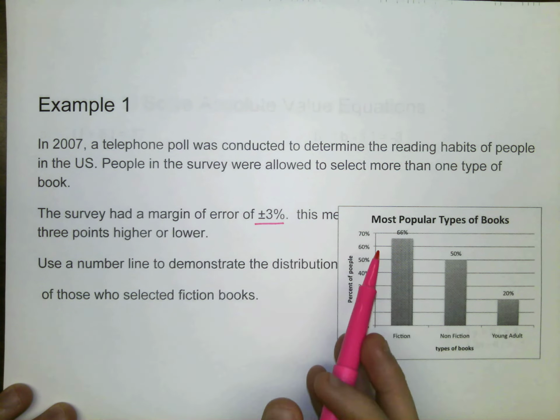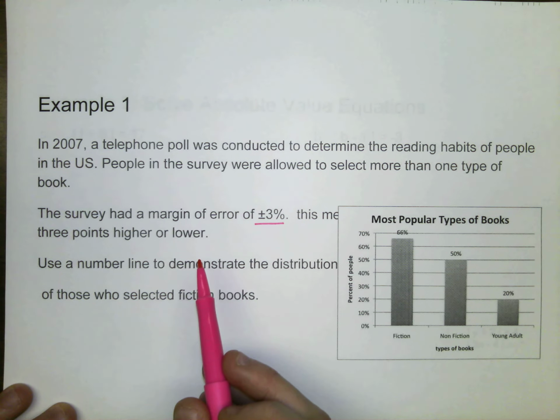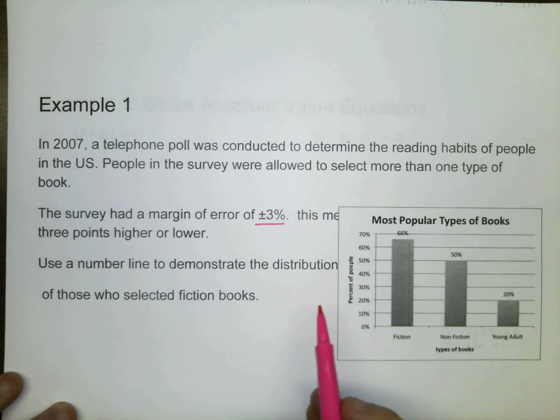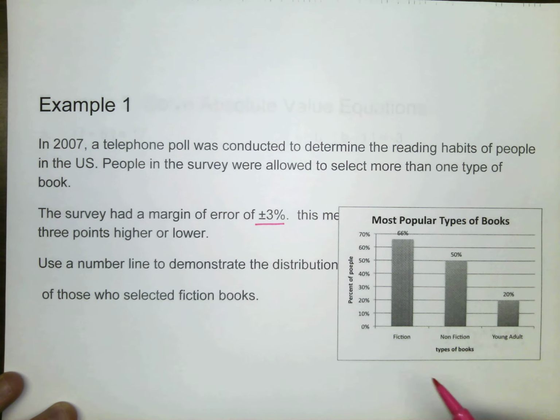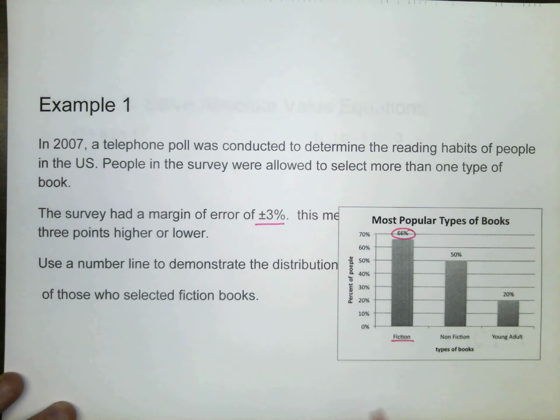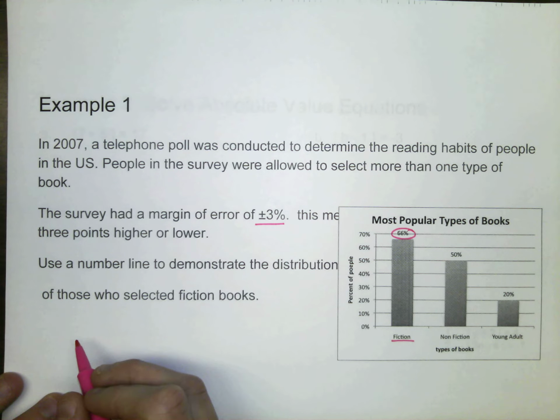This means that it could be 3 points higher or lower. We're going to use a number line to determine the distribution of those who selected fiction books. Our table says 66%, so 66% of the people said they enjoyed reading fiction books.